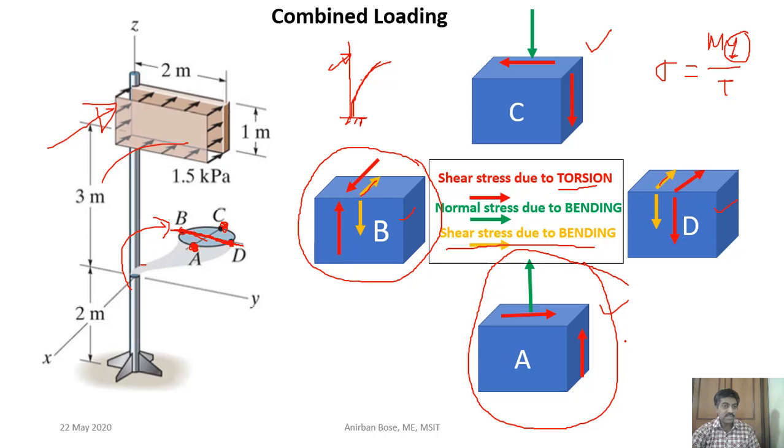In that case, we have to separately consider each kind of load, and what kind of stresses are coming because of that, and depending upon their directions, you have to add those stresses. And finally, we get the stress element, and in the stress element we will be able to identify the normal and the shear stresses.